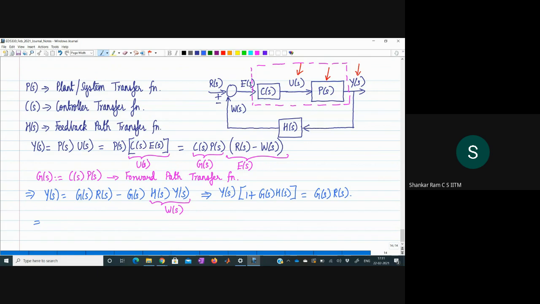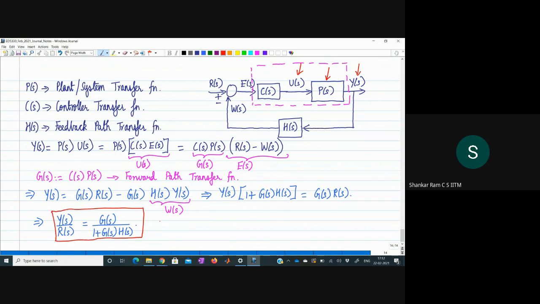Consequently, Y of s by R of s is G of s divided by 1 plus G of s times H of s. This is what is called the closed loop transfer function.